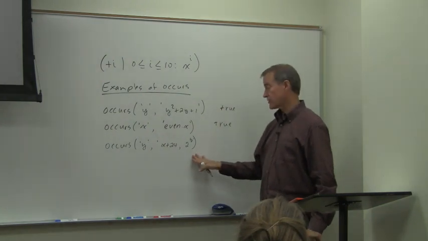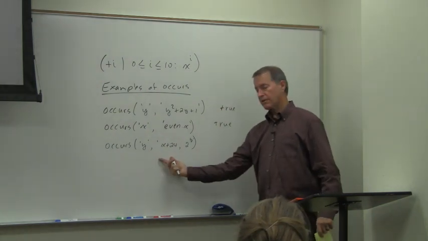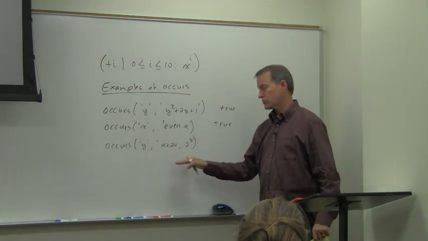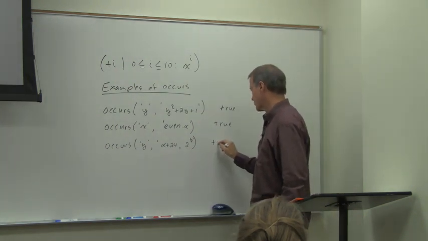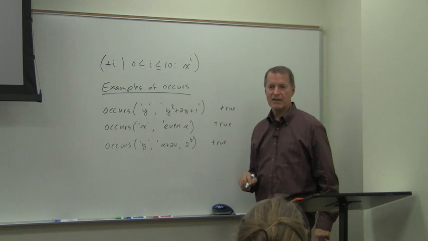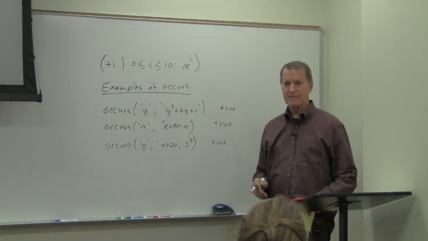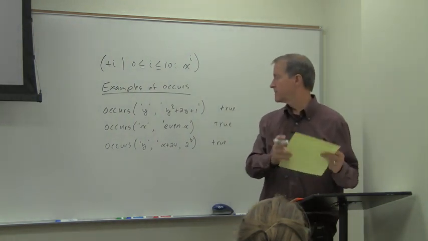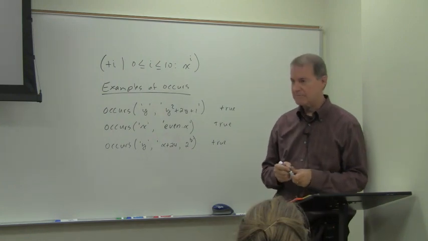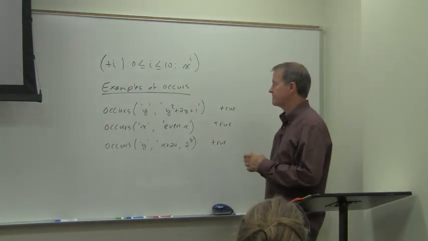Is this true or false? Well, y doesn't occur here, but it occurs in one of them, right? So this is true. Does everybody understand how occurs works? Are we good?